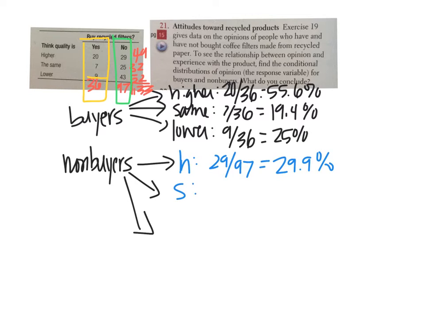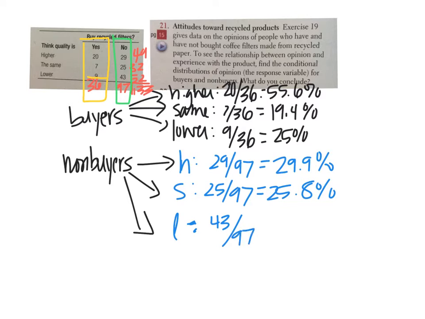For people who felt the same, we have 25 out of 97, which is about 25.8%. And for those that felt it was lower, we have a much higher percentage here, 43 out of 97, which is 44.3%.